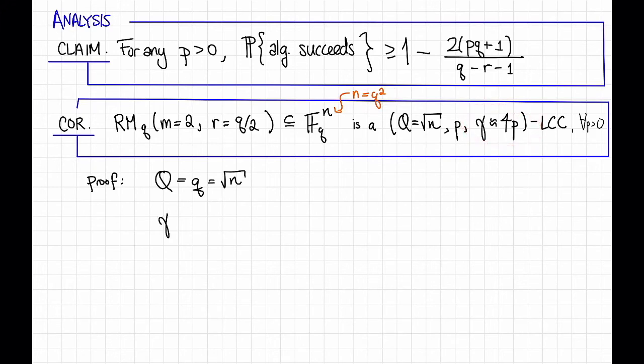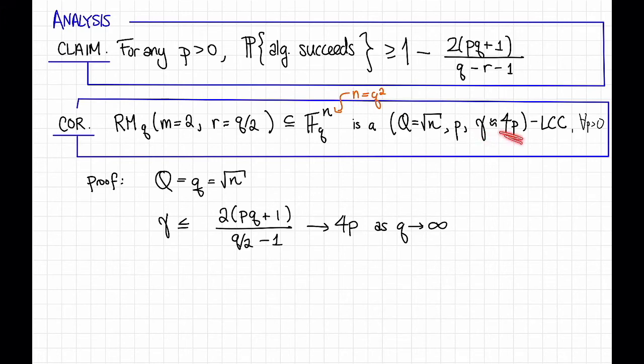Well, the failure probability is at most this thing, which is 2 times (pq + 1) divided by (q - r - 1), but r we've chosen to be q over 2. So this is just q over 2 minus 1 in the denominator. And as q gets large, this approaches 4 times p. So here we think of q as growing, since q is the square root of n and n is growing. So as n gets large, gamma, the failure probability, approaches 4 times p. And that proves the corollary.